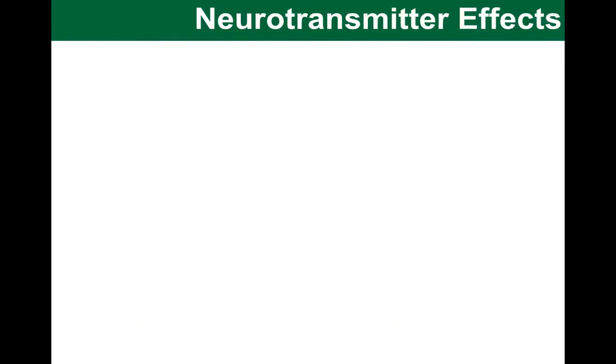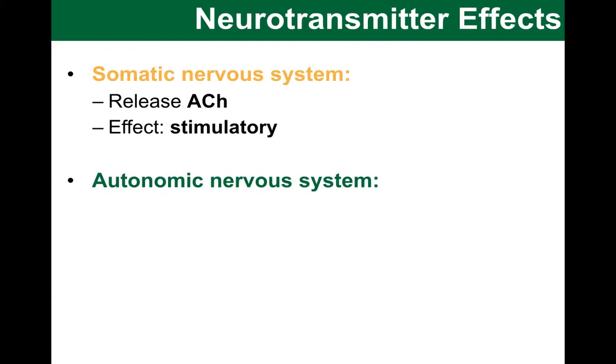The last one that we really need to talk about is the neurotransmitter effects. All somatic motor neurons release acetylcholine, which is typically abbreviated as ACh. And the effect of this is always stimulatory.